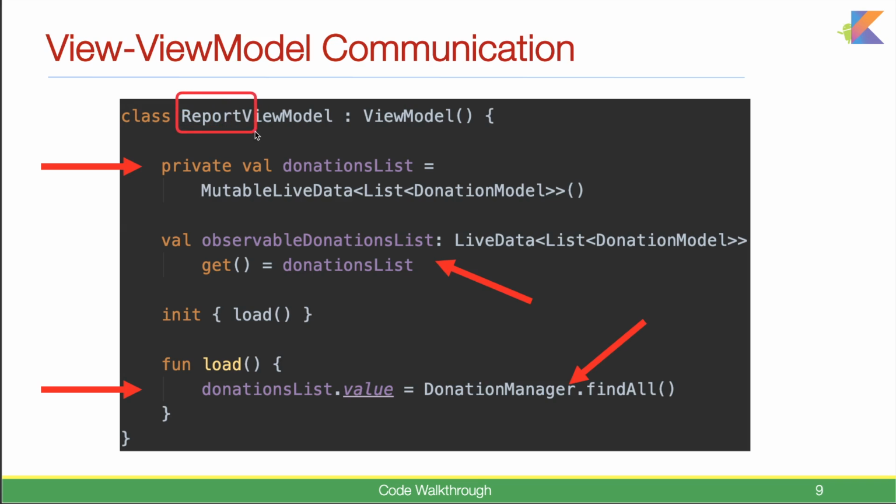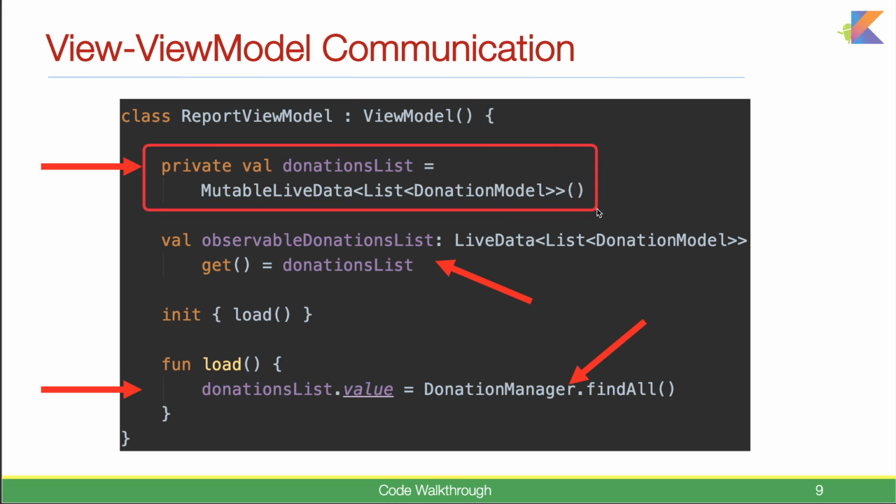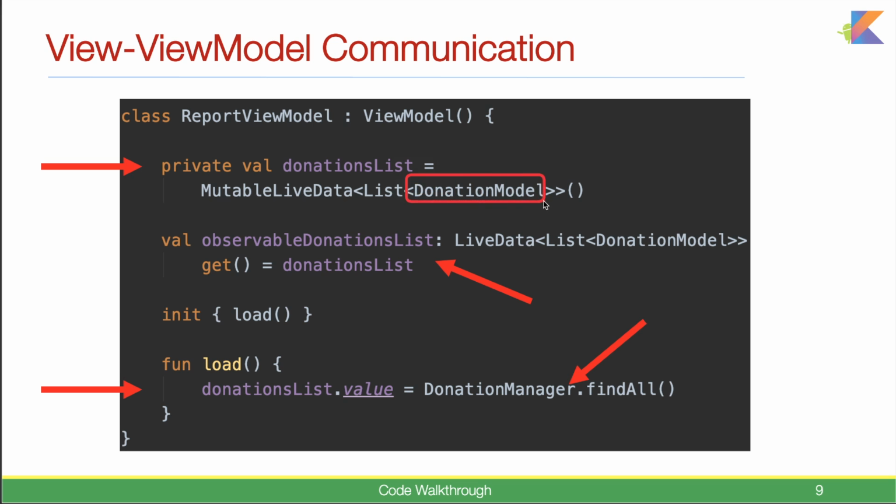We have our report view model, extending from ViewModel, taking the recommended approach where we have the raw data, so to speak, which accesses our donation model, or creates a donation model list, but it's mutable. So we have mutable live data. Then we expose the public observable donations list with a get accessor, which will just return that donations list.